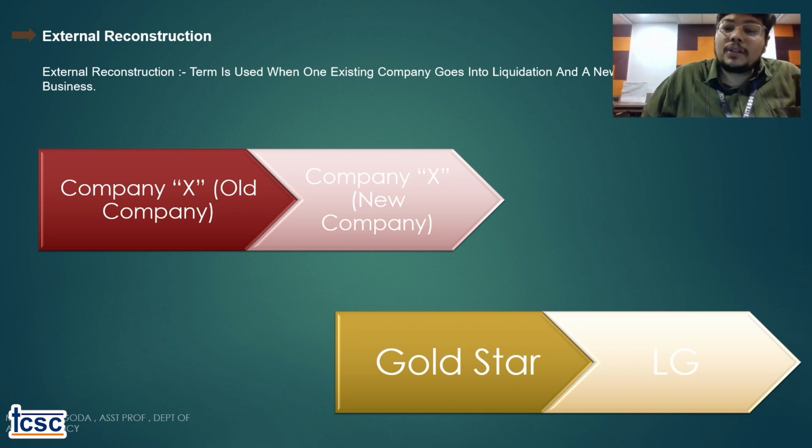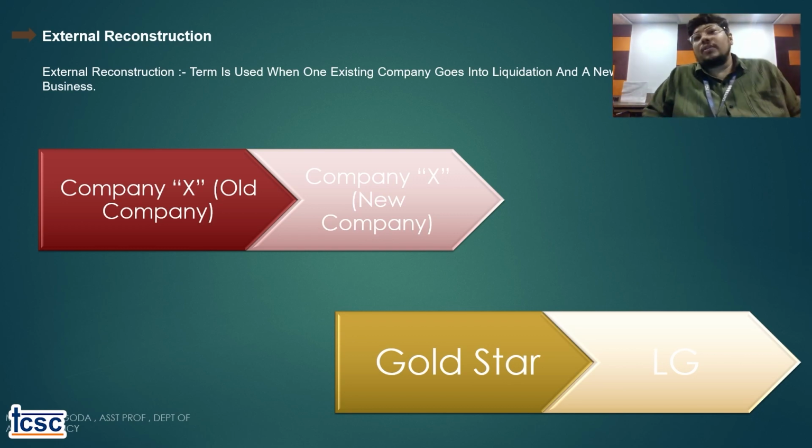And now this Gold Star has been running under this particular brand name. So all the assets and liabilities of Gold Star became the assets and liabilities of LG, and it is carrying on the business under the name of LG. So this is nothing but external reconstruction.